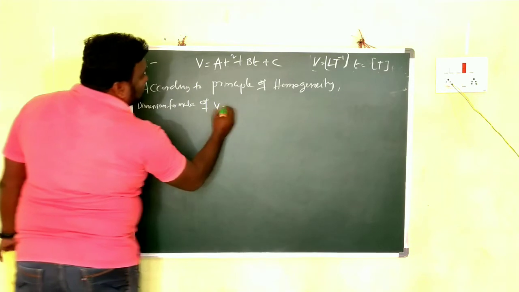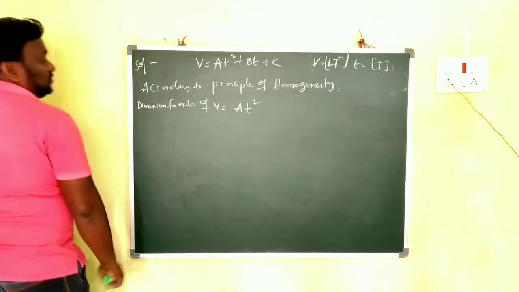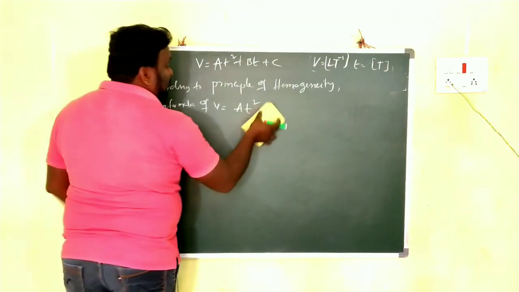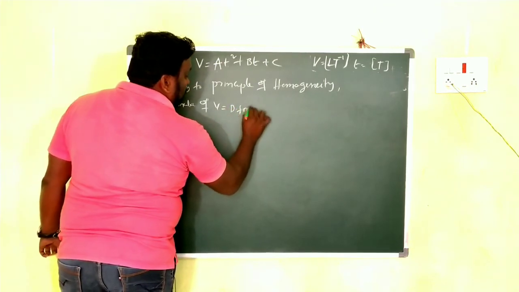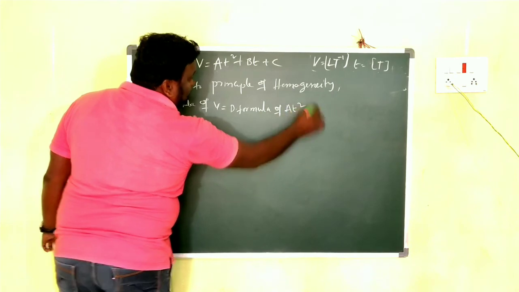of V is equal to what, children? AT square. The dimensional formula of V is equal to the dimensional formula of AT square.